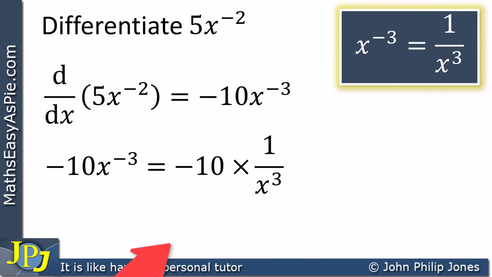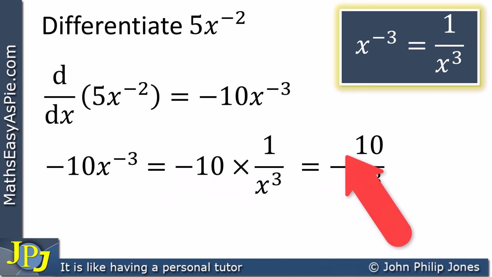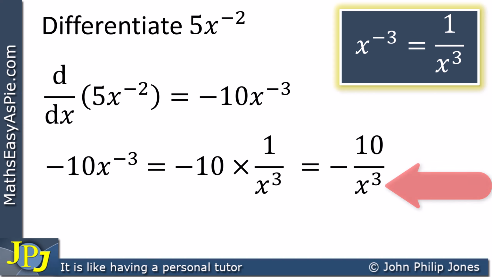Continuing, we can say that this is equal to minus 10 over x to the 3. In other words, 10 times 1 is 10, and this minus, we ensure we don't forget it by placing it here, and you can see we're dividing by x to the 3.